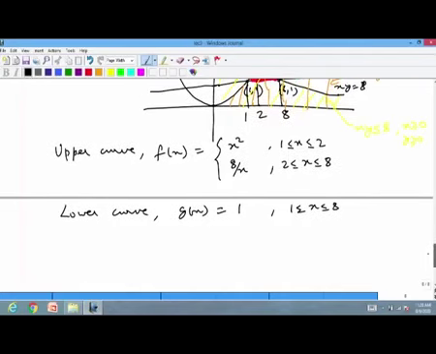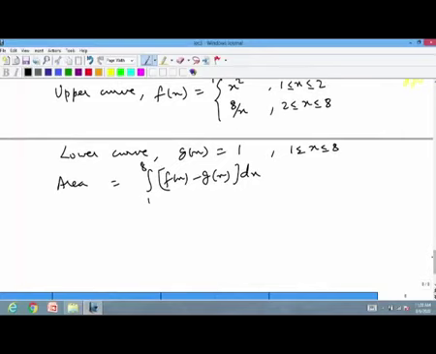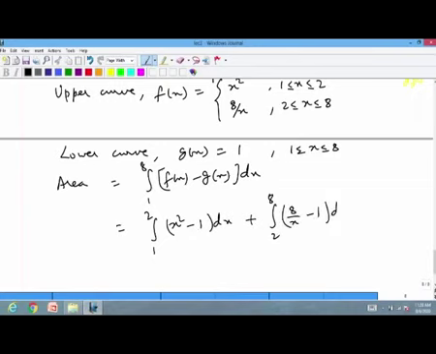So, what we have to find, the area is integral from 1 to 8 of f x minus g x dx, which is equal to integral from 1 to 2 of x square minus 1 dx plus integral from 2 to 8 of 8 by x minus 1 dx.